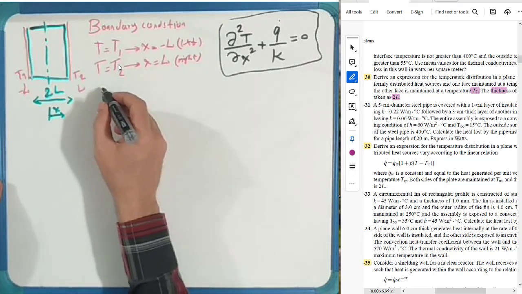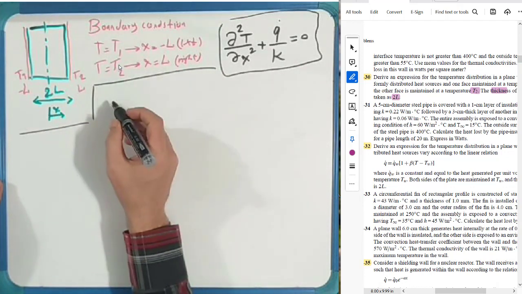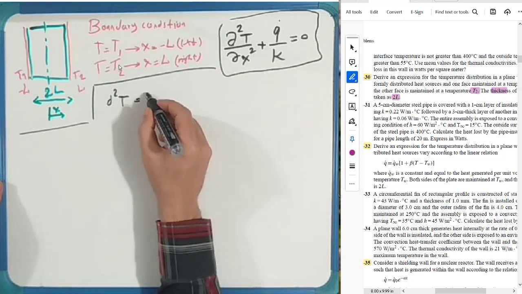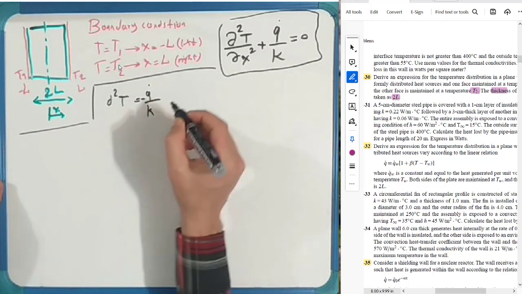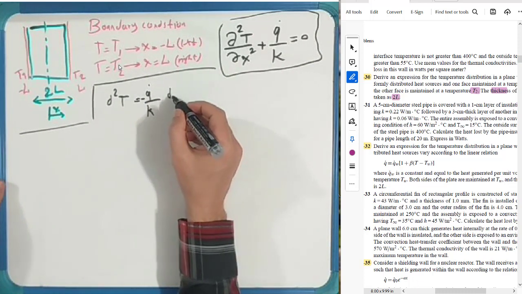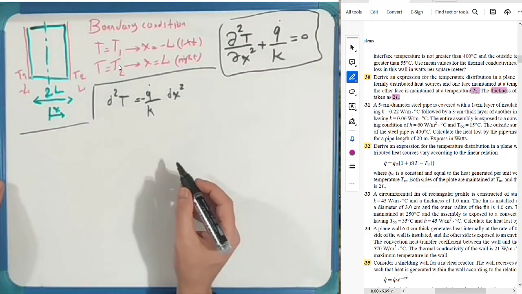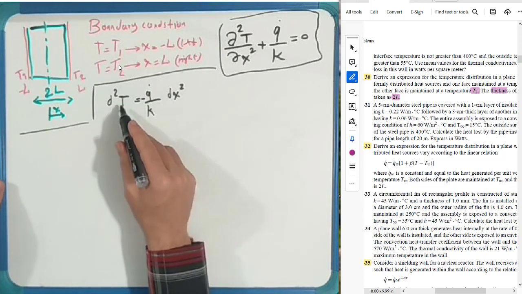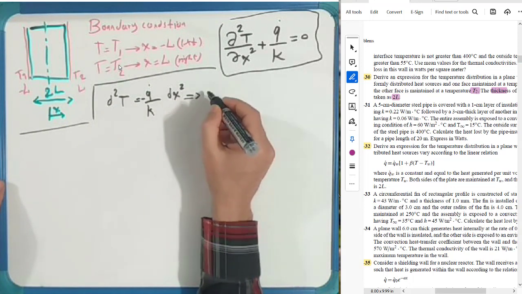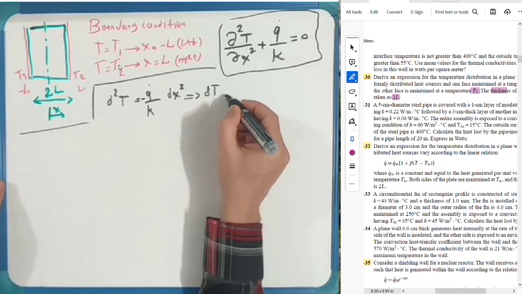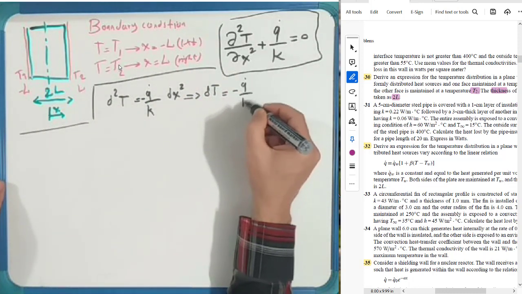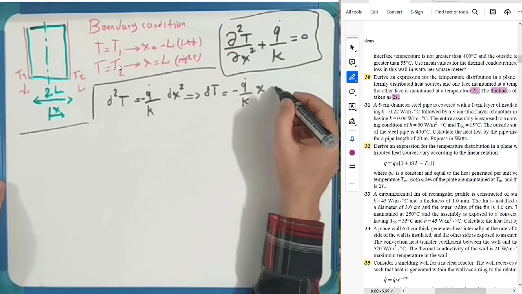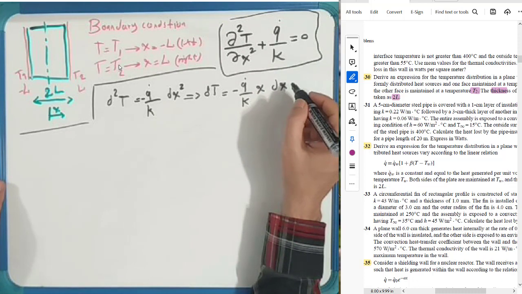From this formula I can write d squared T over d x squared equals minus Q dot over K. If I integrate both sides of this equation two times, I will have the equation of temperature. Let's do it. Then dT over dx equals minus Q dot over K times x plus C1.